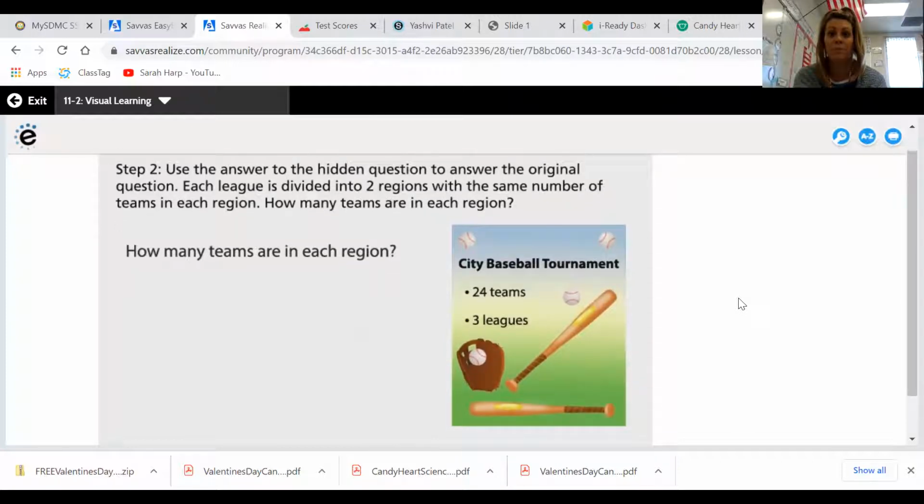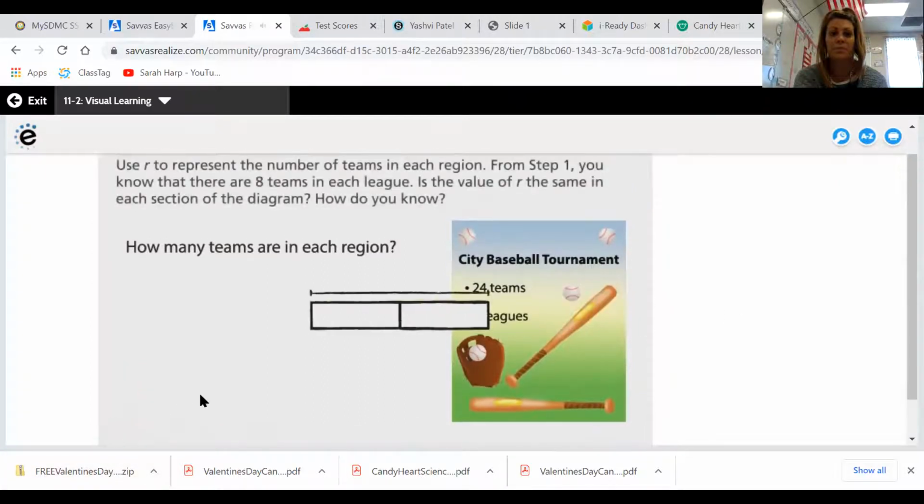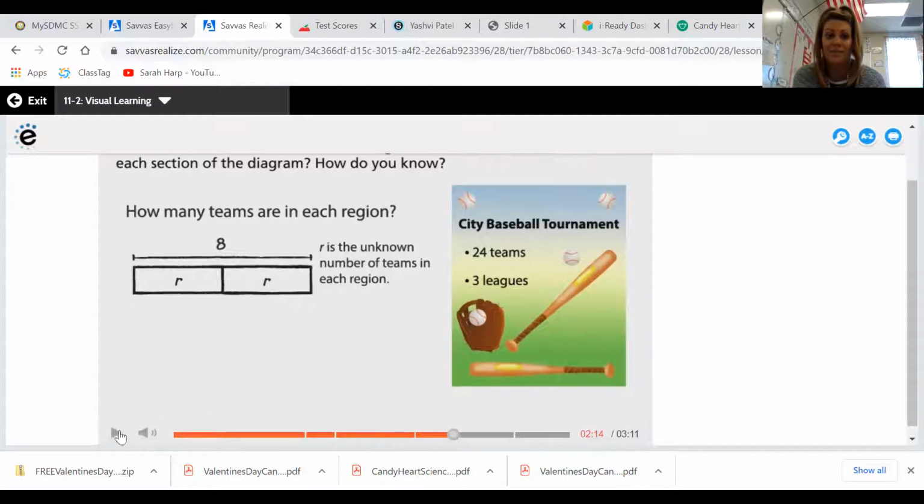Okay, do you remember? Use R to represent the number of teams in each region. From step 1, you know that there is the value of R the same in each section of the diagram? How do you know? It's the same question that they asked us before, and it's the same answer. Yes, right?